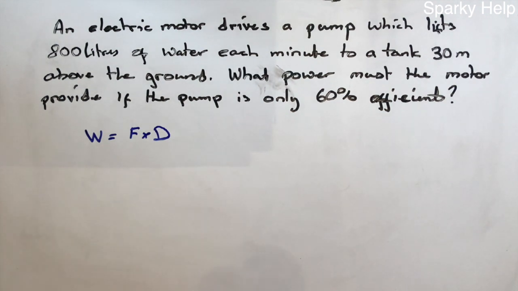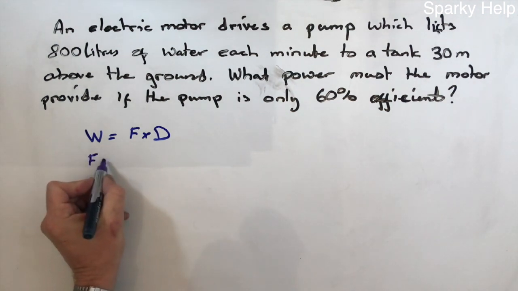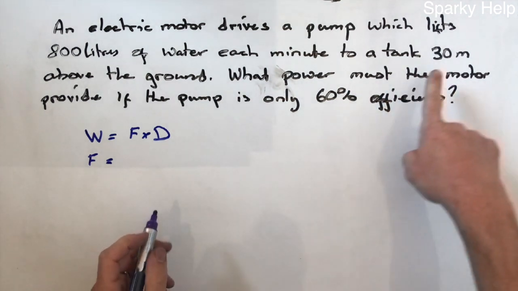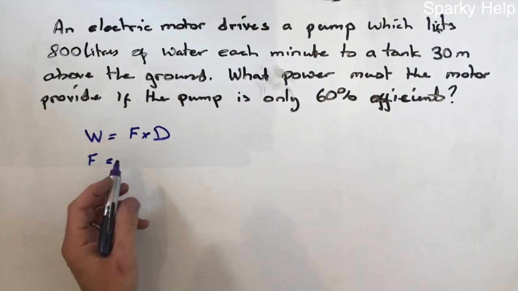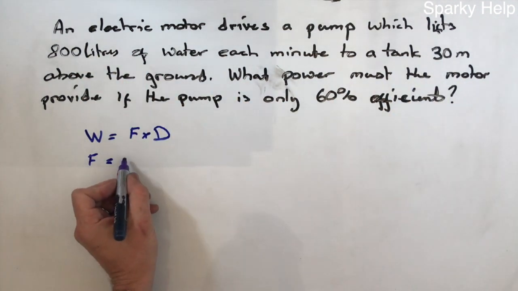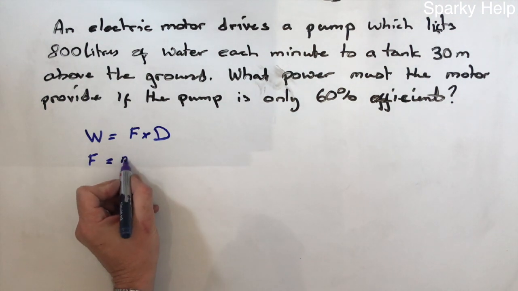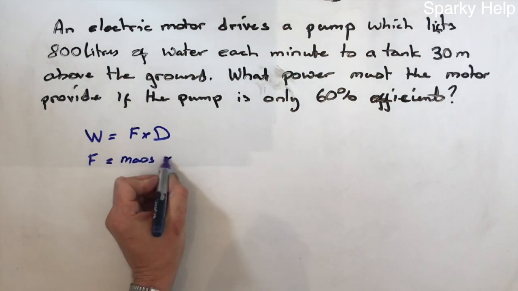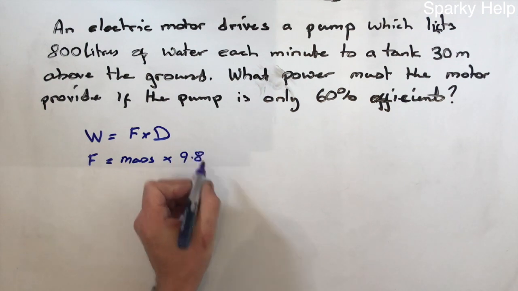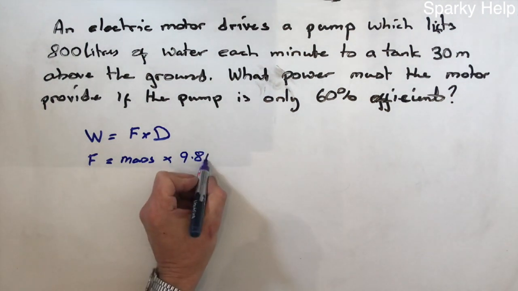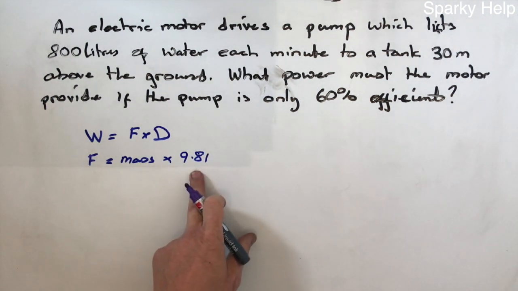And what we do know is that the force from earlier on has to be based on the mass in kilograms multiplied by 9.81, which is the force of gravity.